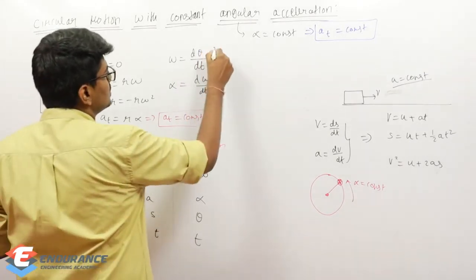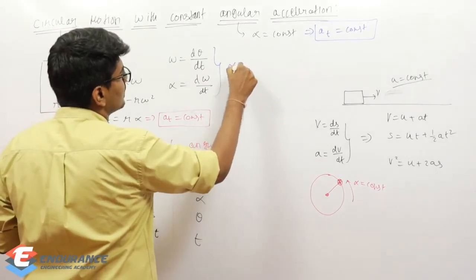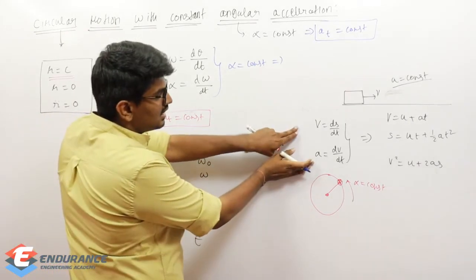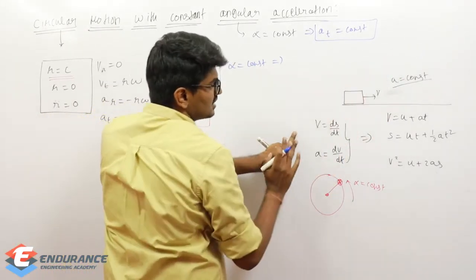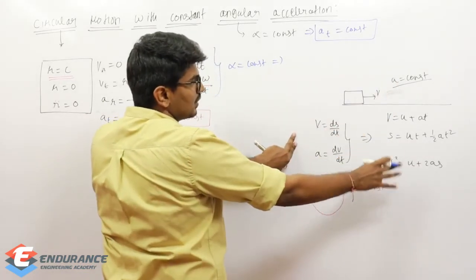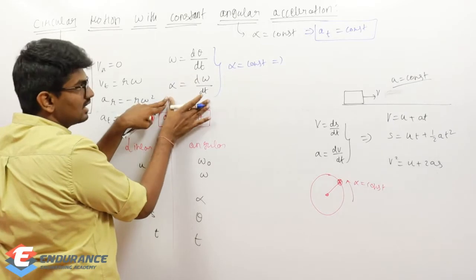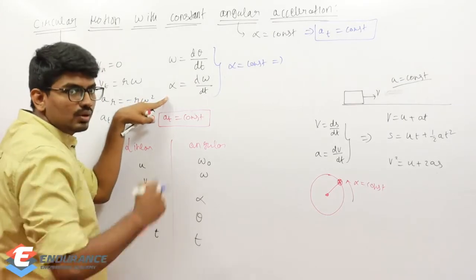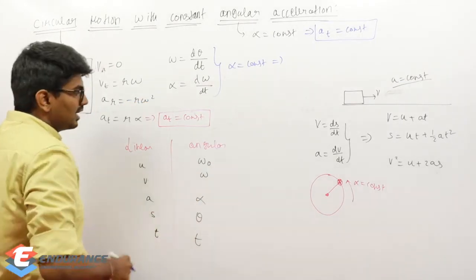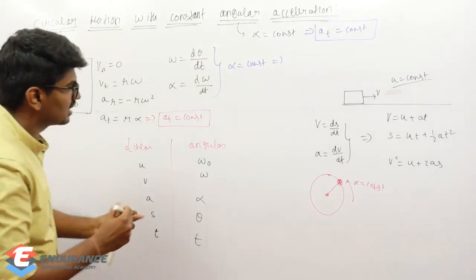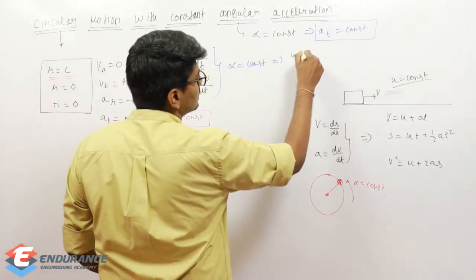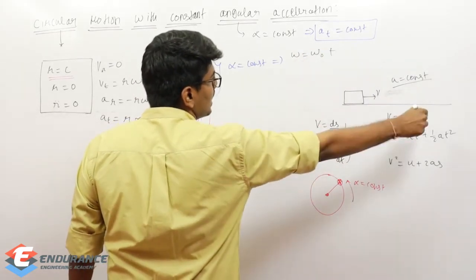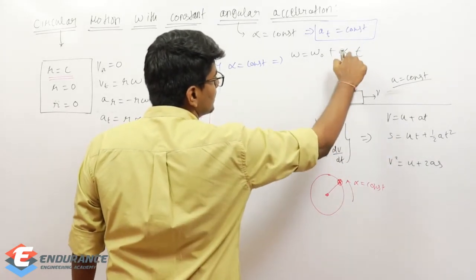By using these two equations and including the condition alpha is equal to constant, I'm going to get a similar type of equation but with these notations, just as in the linear case with constant linear acceleration I got three equations. So what will I be getting? Final angular velocity equals initial angular velocity plus acceleration, here alpha, times t.